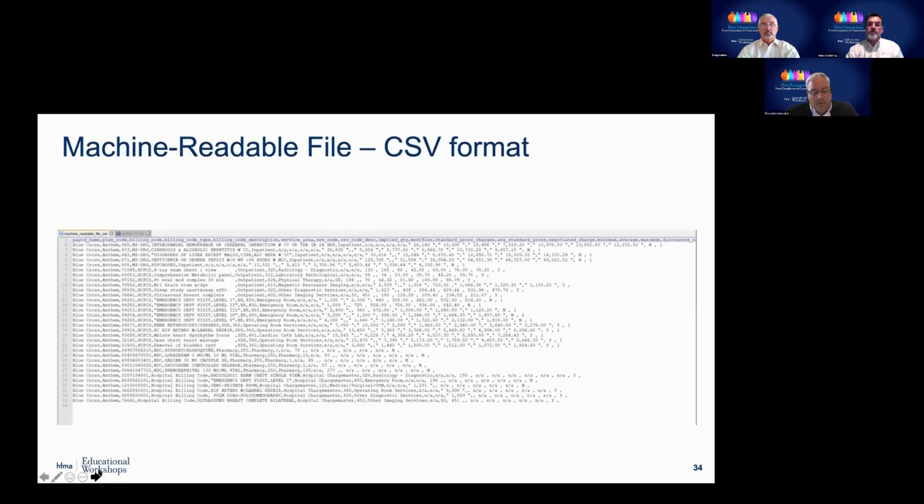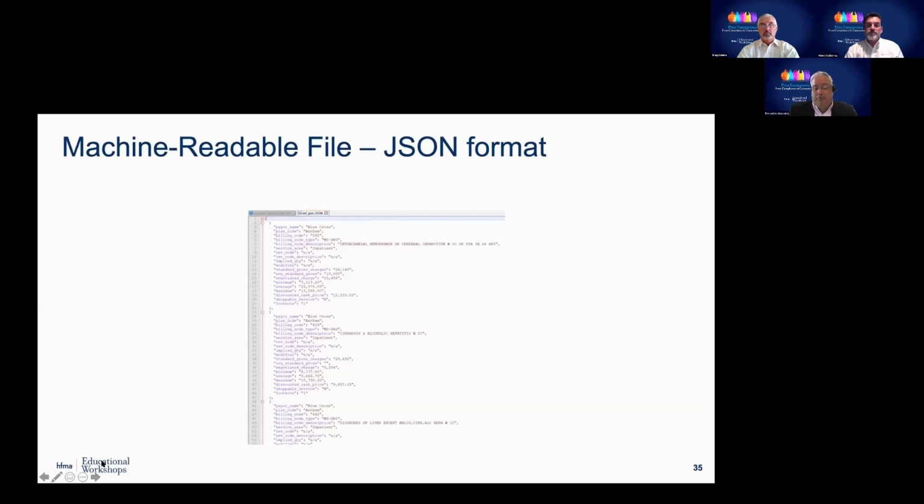So I just wanted to show you what a machine readable file looks like, and there are a few formats. I have 2 examples here. This is what a CSV machine readable file format would look like, and that is acceptable to be on your website based on the CMS requirements. And this is a JavaScript format.